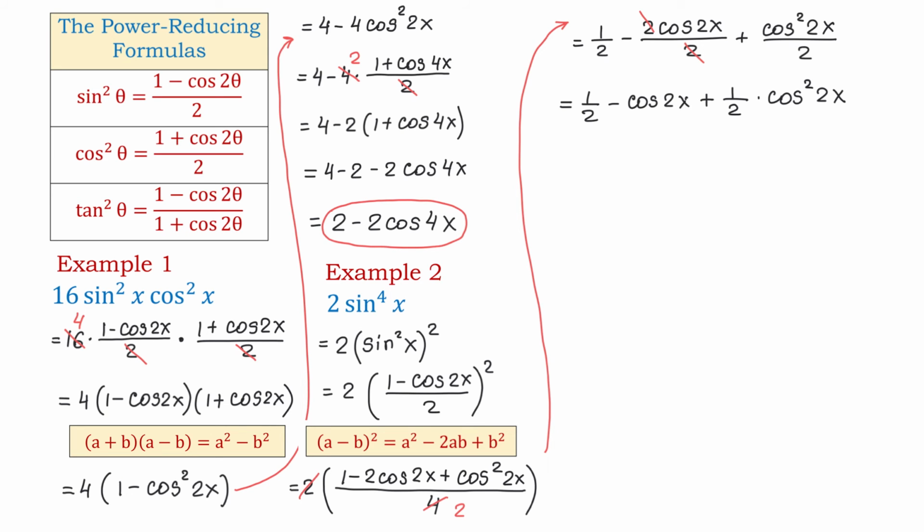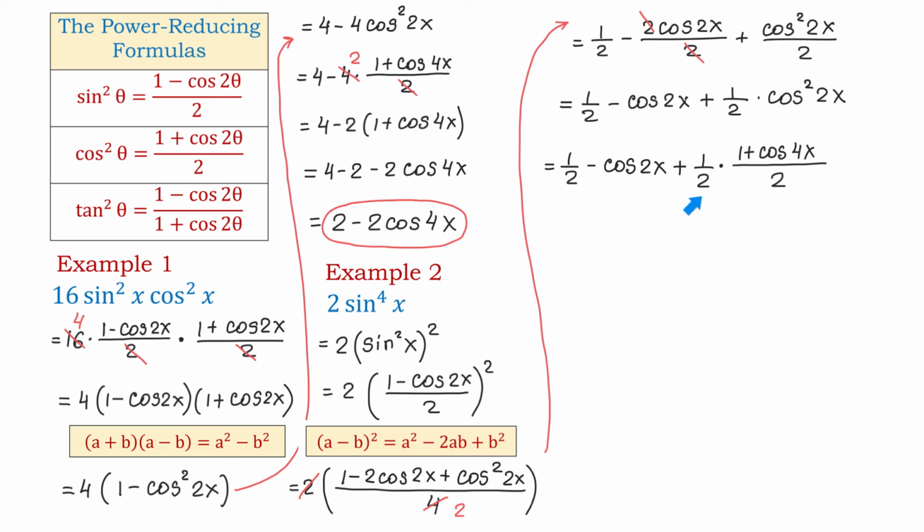And we are not done with this problem yet because we still have a cosine with exponent 2. So to reduce this power, we will use the second formula and we will double the angle. So if this angle is 2x, then in this formula we will write 4x. Let's bring down 1/2 minus cosine of 2x plus 1/2 times, and now let's use the formula, and we will have 1 plus cosine of 4x over 2.